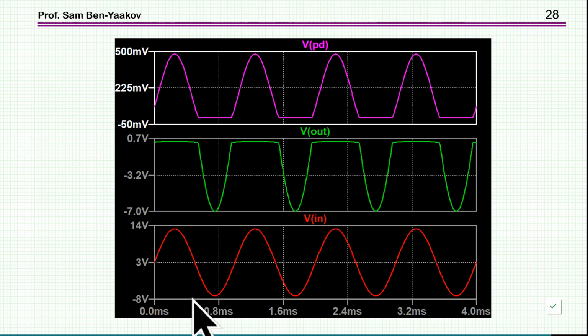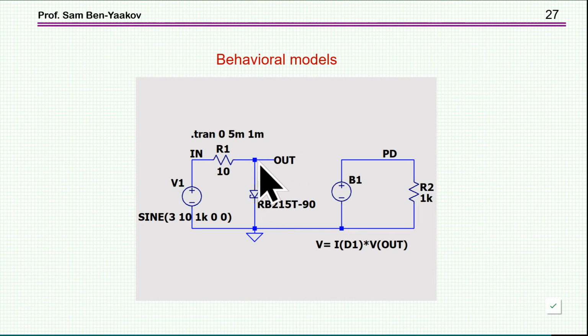This is the input. You see it's a shifted sinusoidal waveform. The zero is around 3 volts because I've added 3 volts to it. The output here is sometimes the forward voltage of a diode. Sometimes it's the full voltage because the diode is blocking it when the sign is minus.